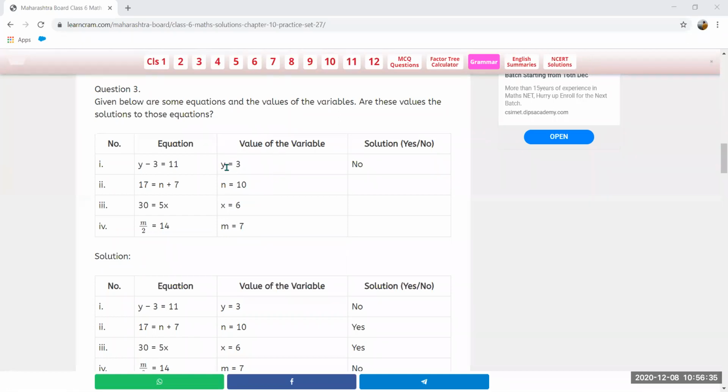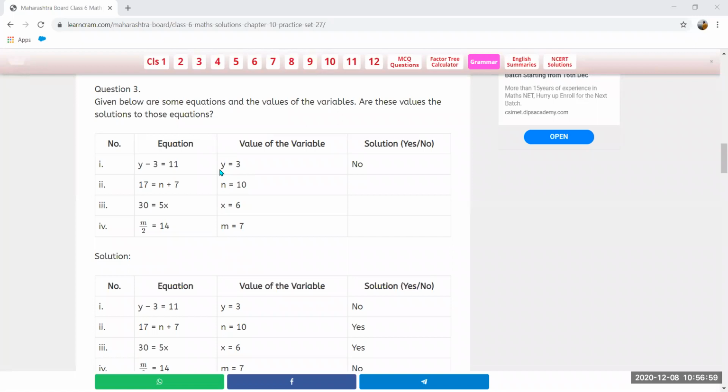We have to find out whether these are the solution of the equation or not. Means here the equation is given and the answer is also given. We just want to check whether the answer is correct or not.